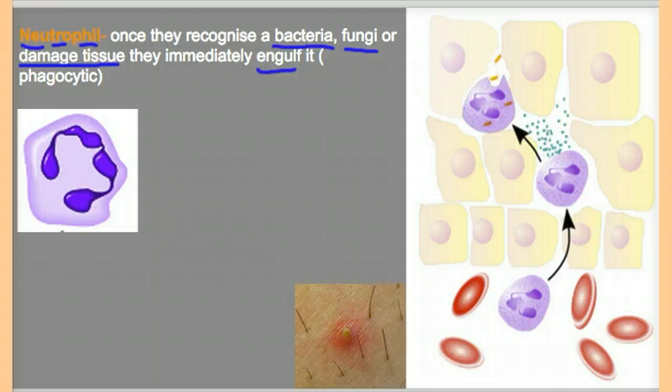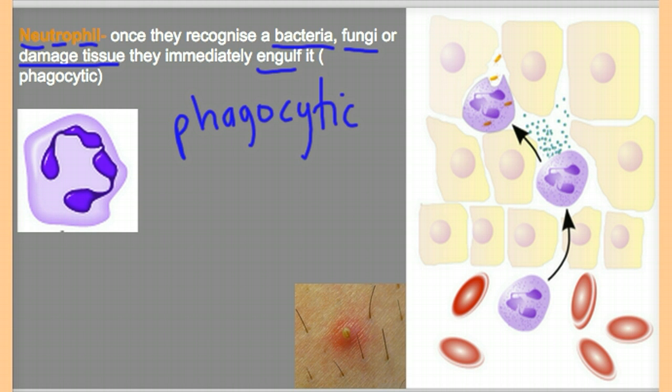All right? That type of response is called phagocytic. So that's a phagocytic type of response where as soon as the white blood cell, the neutrophil, detects a bacteria, a fungi, or a damaged tissue, it engulfs it and it gets rid of or kills that.